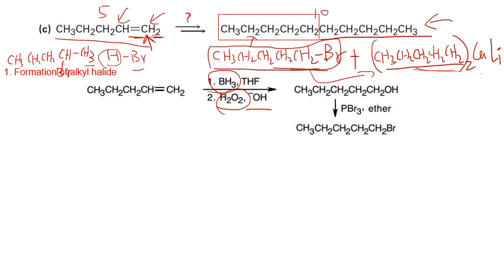So step 1, you add borane. Step 2, hydrogen peroxide and hydroxide. If you combine these two together, a double bond will make an alcohol according to the anti-Markovnikov rule. Hydroxy goes to the end carbon, and the hydrogen goes to the carbon that has the fewest hydrogens. That's the anti-Markovnikov rule.